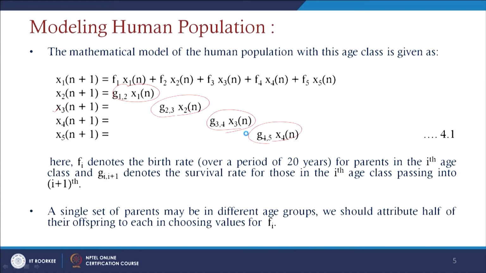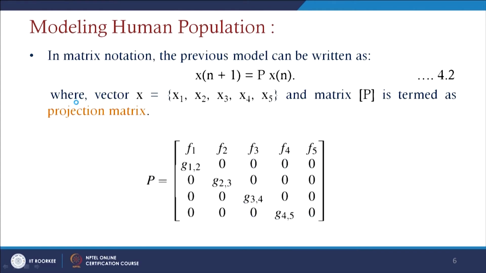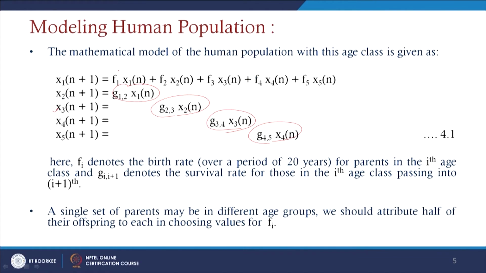If you write all these variables x1, x2, x3, x4 and x5 as the vector, then the complete matrix takes the coefficients as P, where the vector x is x1, x2, x3, x4 and x5, and the matrix P takes the coefficients f1, f2, f3, f4 and f5, which are multiplied with x1, x2, x3, x4 and x5.